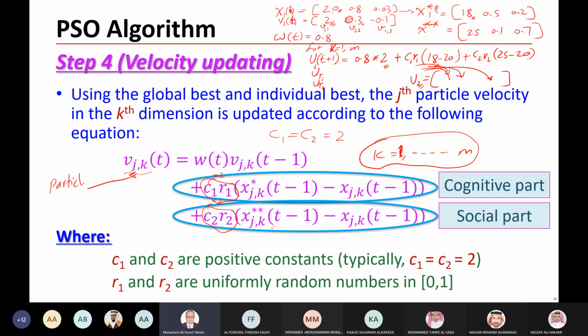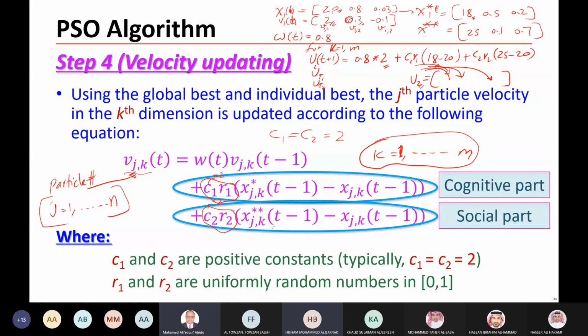This is the particle number. So J varies from 1 to what? To N. The J varies from 1 to N. So the K varies from 1 to M, the number of optimized parameters. Is it clear? Yes, clear.